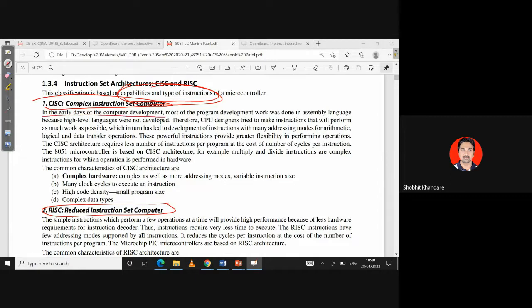In the early days of computer development, most of the program development work was done in assembly language because high-level languages were not developed.